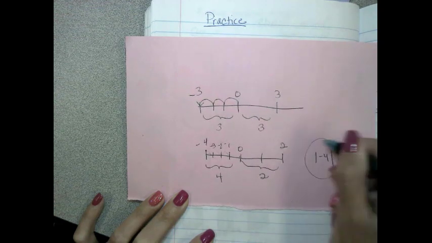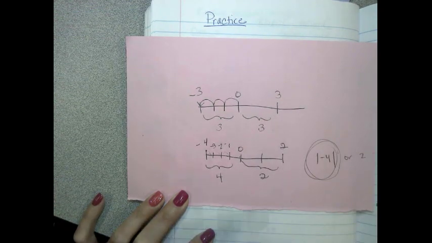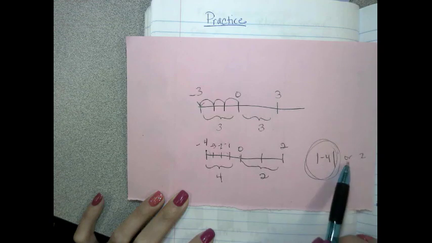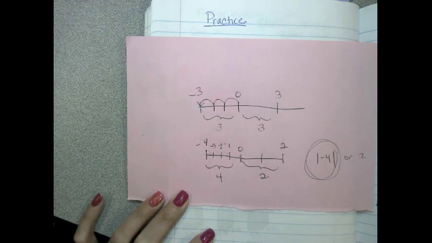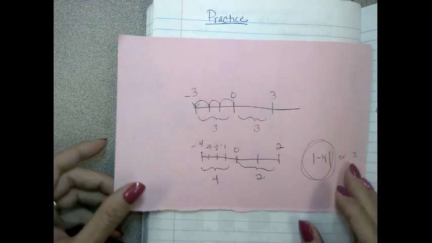So actually, the absolute value of -4 is greater than 2. Absolute value is always going to be a positive number.